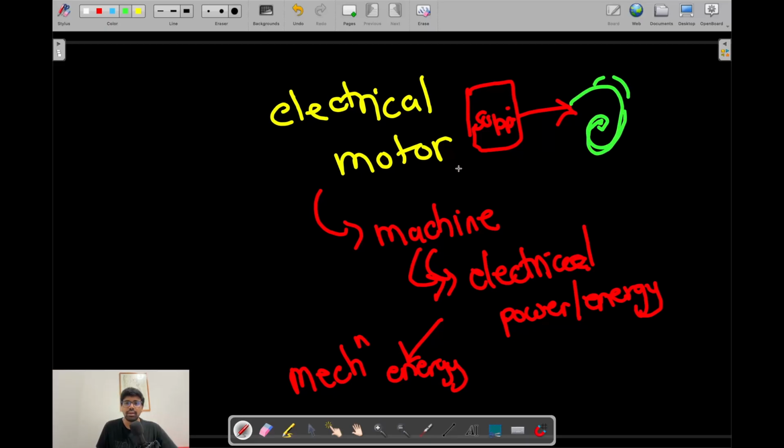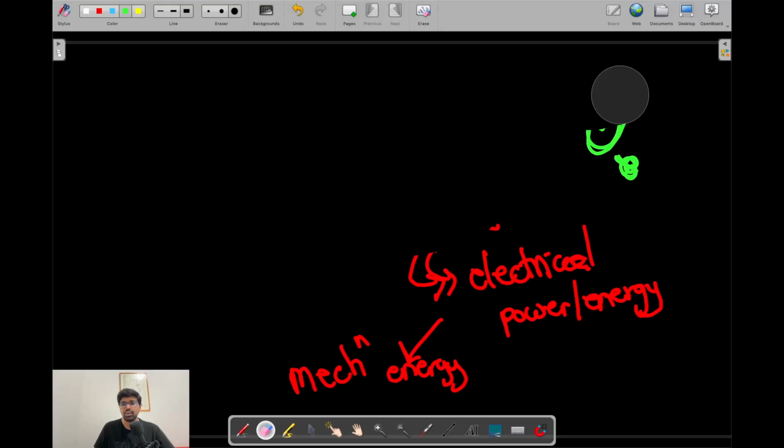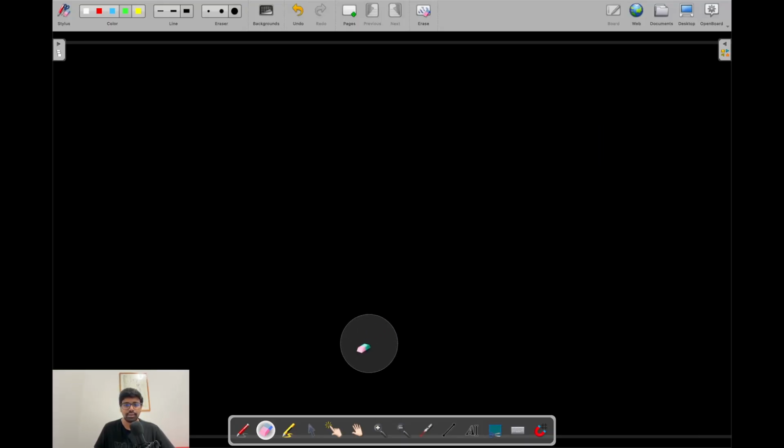So your electrical energy is being converted to rotation, that is mechanical energy. And this is basically the definition of an electrical motor: conversion of electrical energy into mechanical energy.